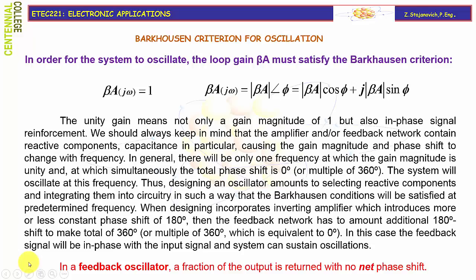In this case, the feedback signal will be in phase with the input signal and the system can sustain oscillations. To simplify, we say that in a feedback oscillator, a fraction of the output is returned with no net phase shift to the input.